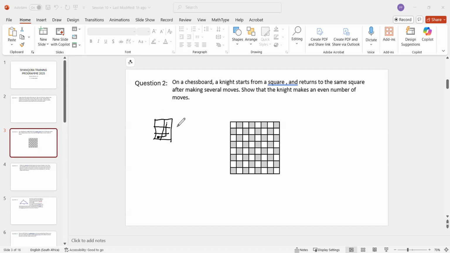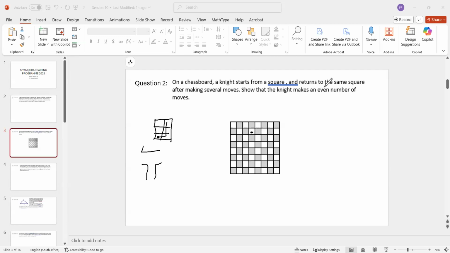So it always goes in the form of an L. See? Say 1 this way, 2 this way, 1 that way, 2 this way, 1 that way, 2 that way. So it's always 1 in one direction and 2 in another direction. Okay, so let's see what happens. It says here that the knight starts at some square. Say it starts here, right?